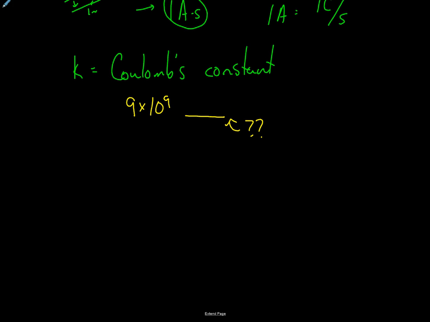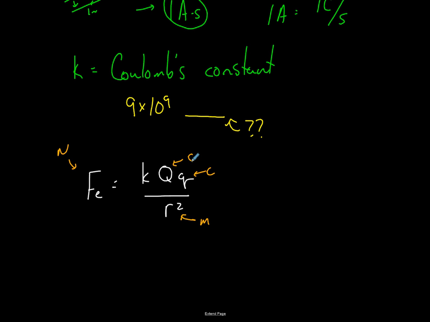To figure that out, we need to look at Coulomb's equation here, Coulomb's law, and figure out how we get to what the units are. First things first, we know that's coulombs, we know that's coulombs. And since we're in MKS units, we know that that's meters, right? And we know that we need to have newtons over here.